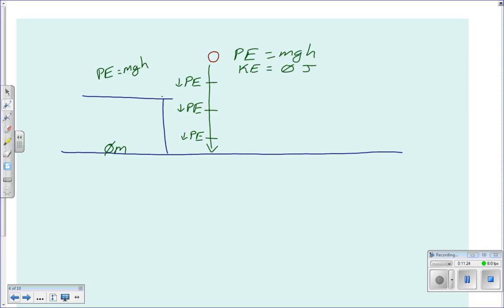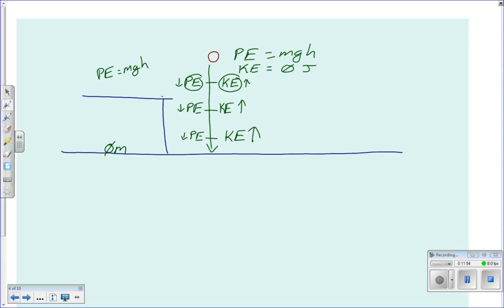But at the same time, the reason it's falling down is because gravity is pulling downward on it, causing it to accelerate. So on its way down, it's getting faster and faster. If it's getting faster and faster, then the kinetic energy is going higher and higher. Okay? What we're going to figure out is that any potential energy that gets lost turns into kinetic energy.